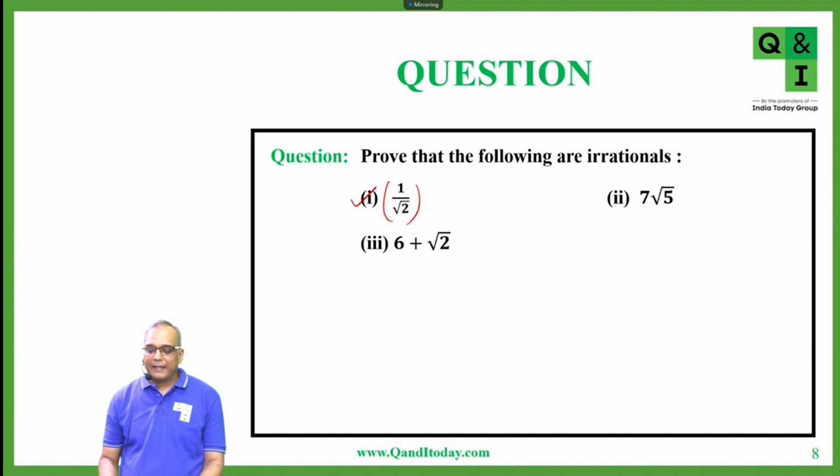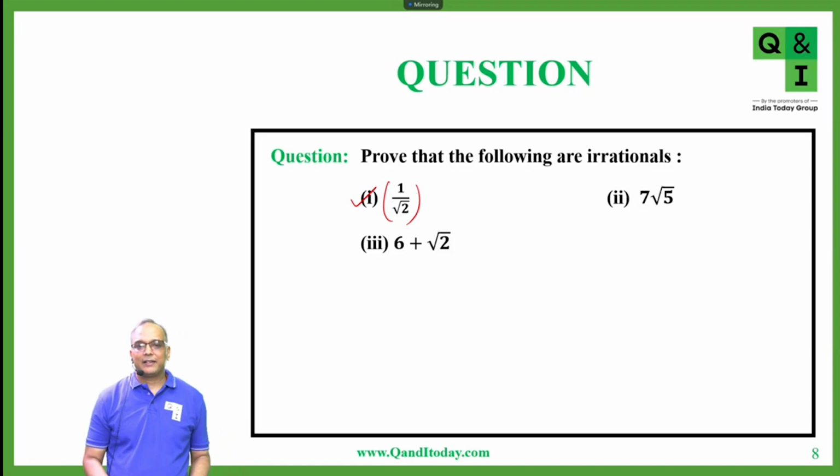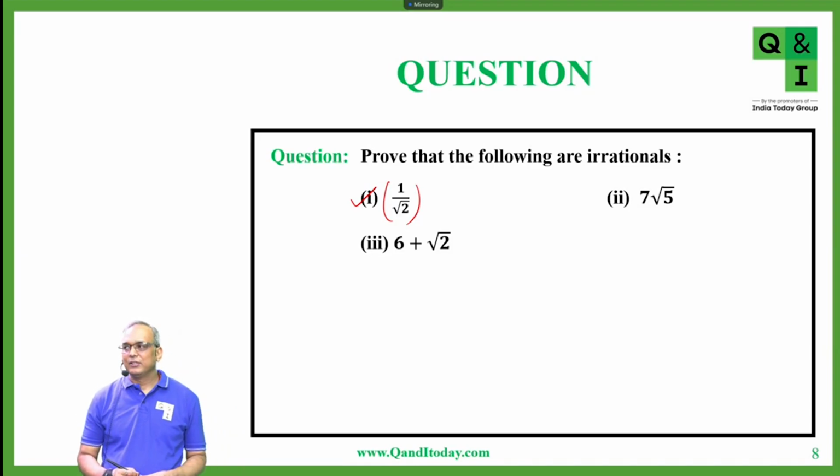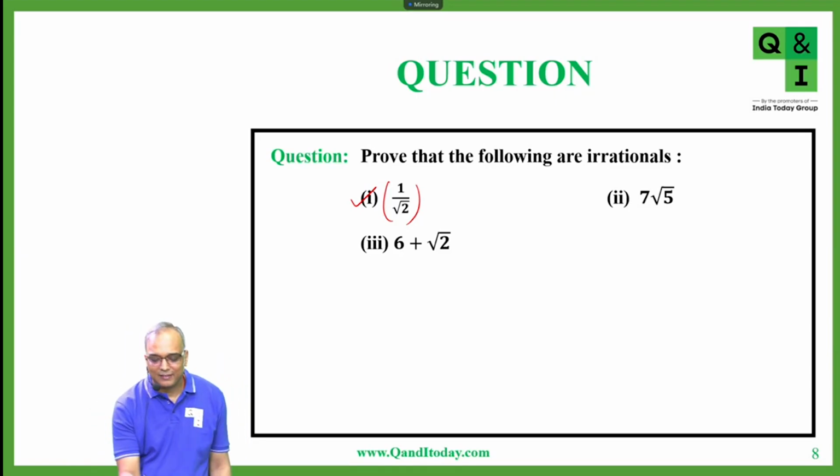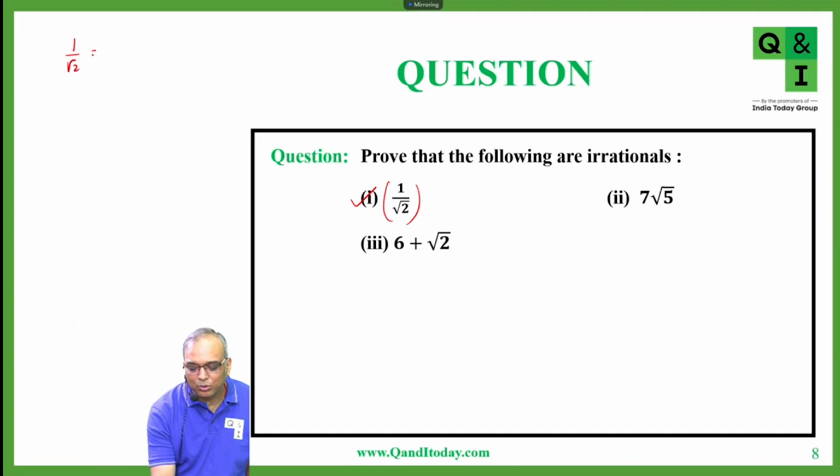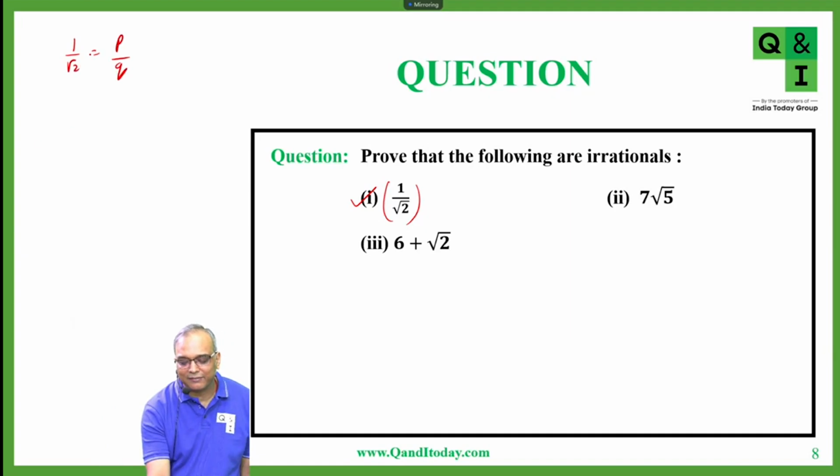Thank you. So, in these questions, there are two ways of doing it, right? One method which Harsh is saying is that we equate it to P by Q, then cross multiply. We can do that. But then, see, there is a challenge there. If you say 1 by root 2 is equal to P by Q, let's say 1 by root 2 is of the form P by Q, then when you cross multiply, you will have root 2 is equal to Q by P. Now, for a rational number, we know that the denominator should not be equal to 0.